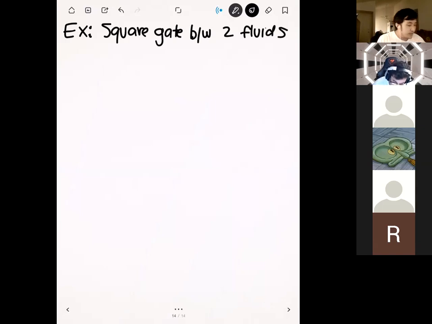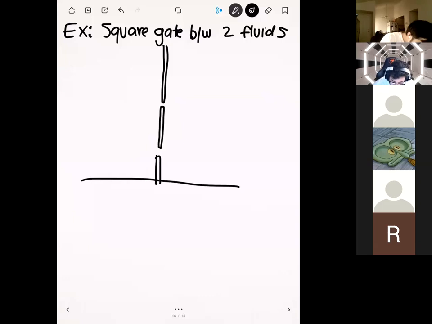In this example, we have a square gate between two fluids. The geometry looks something like this. We have a square gate, and the square gate is going to be hinged at the center of the gate.